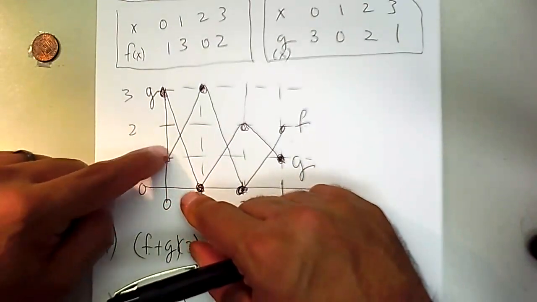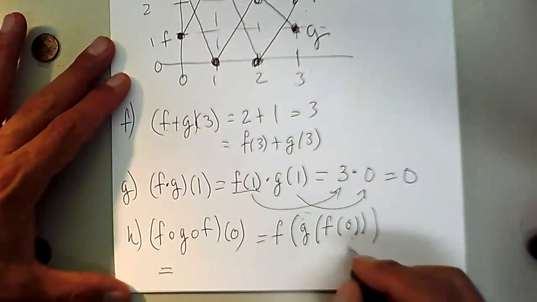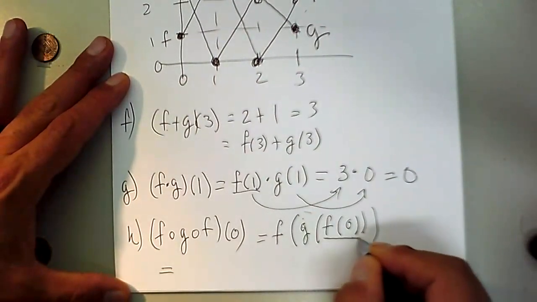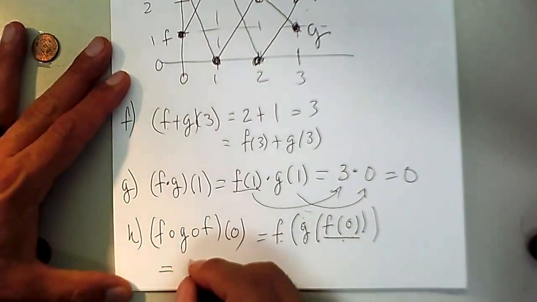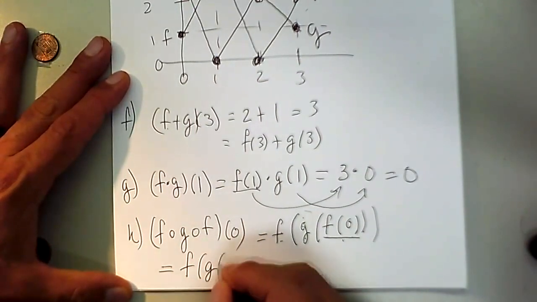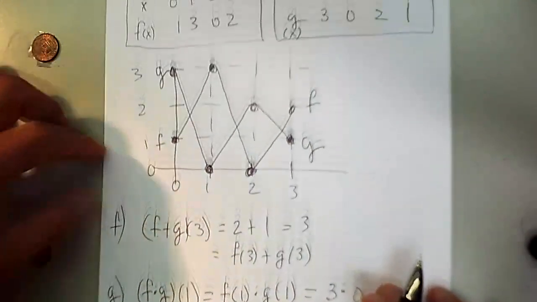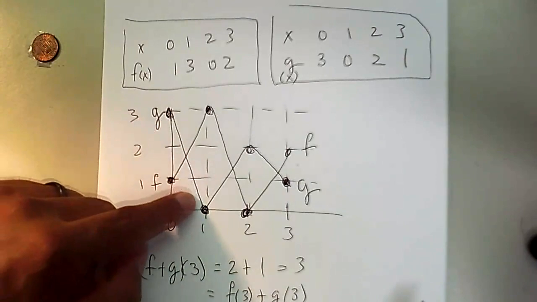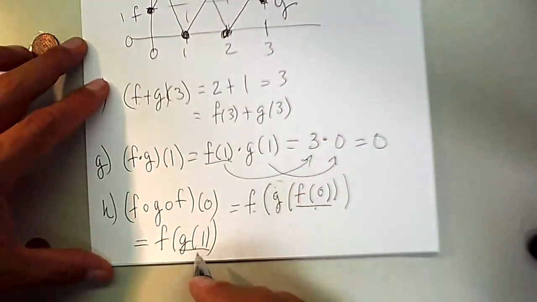Anyway, so we just figured out F of 0 is 1. So we are still doing F of G of 1. Now we're going to do G of 1. G of 1 is 0.